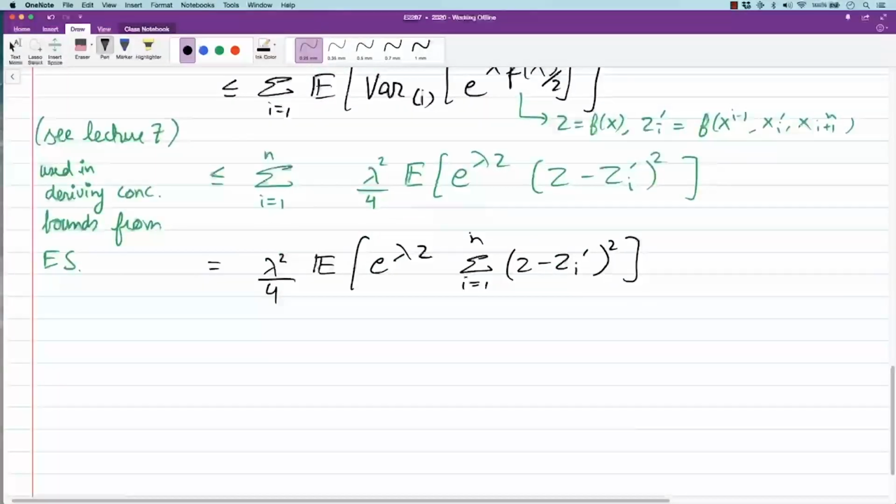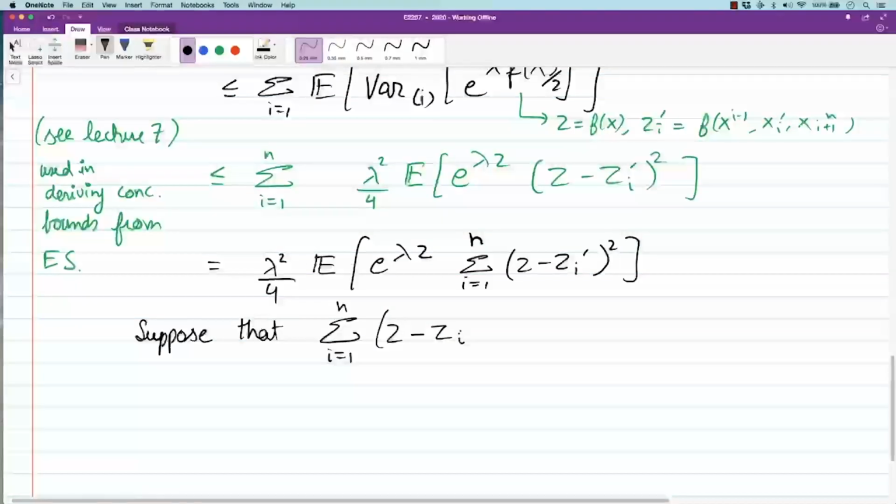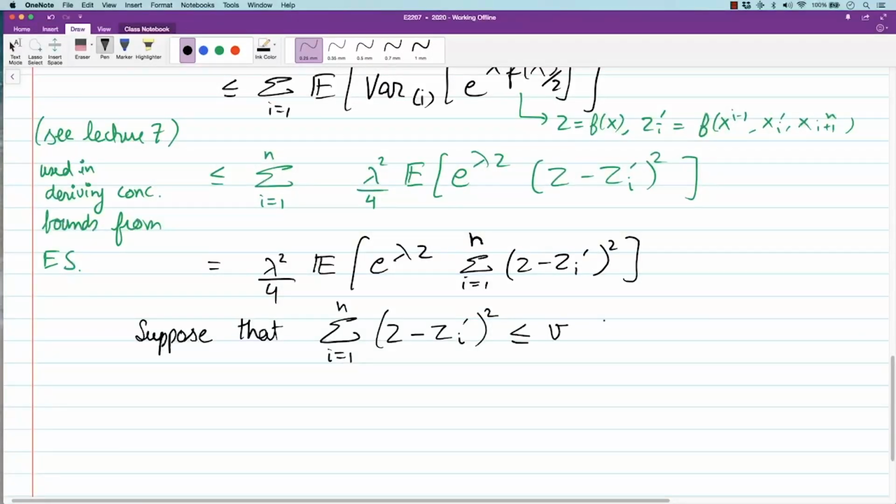Now suppose, this is the assumption from earlier, that the summation over i equal to 1 to n of z minus zi prime square is less than or equal to V almost surely.